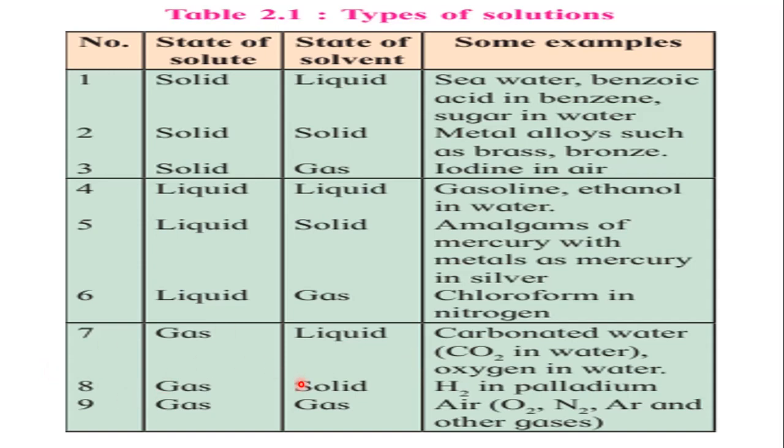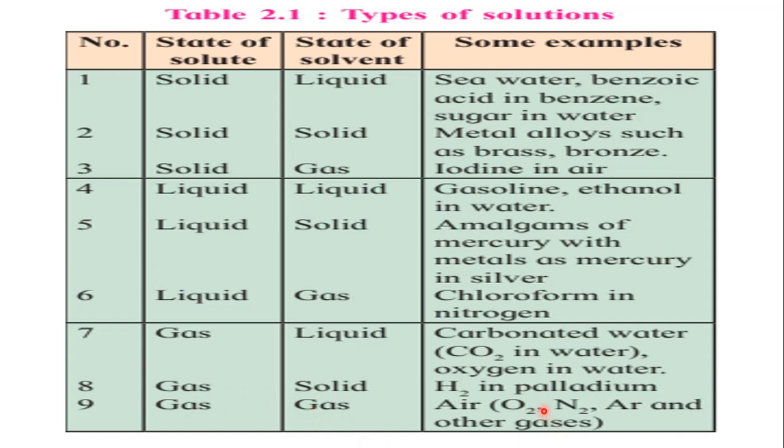Gas in solid. Adsorption of hydrogen in palladium is an example of nickel metal or platinum. That is an example of gas in solid. Gas is a solute and solvent is solid. So it is an example of solid solution. Then gas in gas. It is a solution of gaseous solution. Gas, both are in a gaseous state.